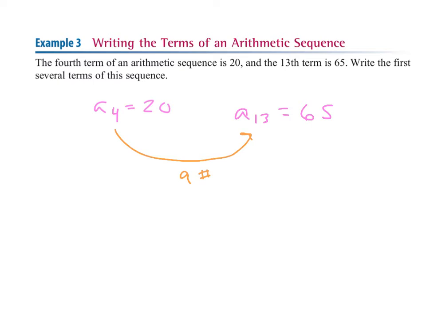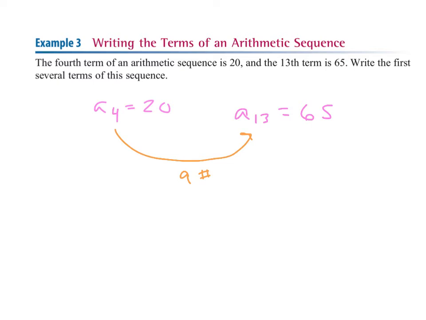Now, when we plug this into our formula, it's a little bit different here, just because it gives us 2 numbers that are part of the sequence. Neither one is our a sub 0 or a sub n. And we don't know what our d is, so we need to figure it out.